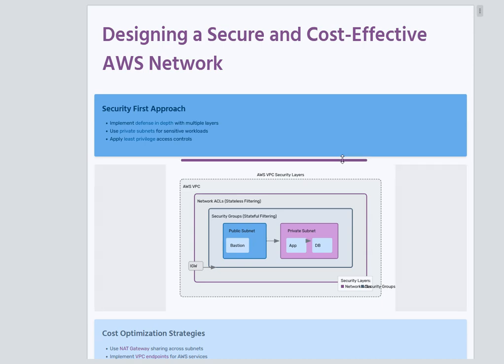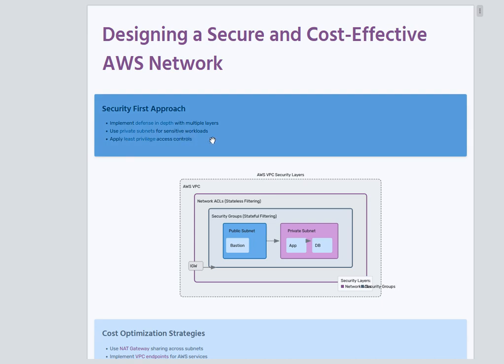If I consider this diagram as a security view, this is the VPC, then network ACLs at the subnet level, and then security groups at the instance level. To access anything in a private subnet, you put a bastion in the public subnet, log into that, and then access from there.